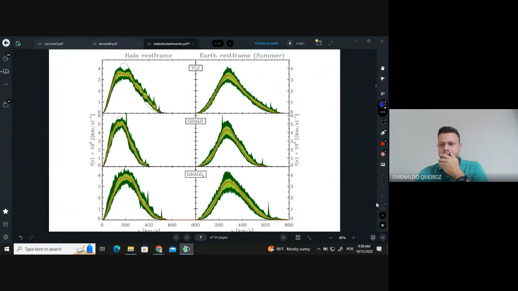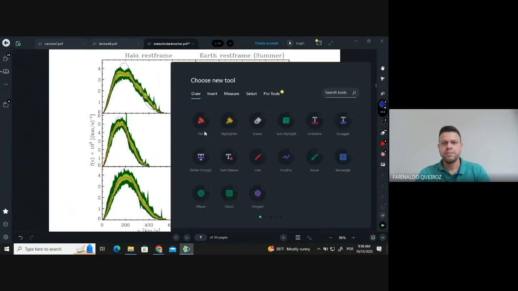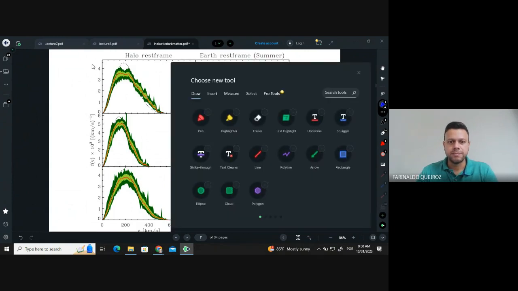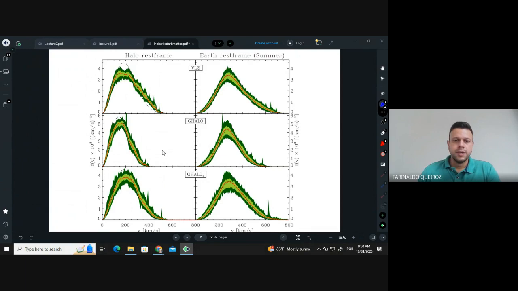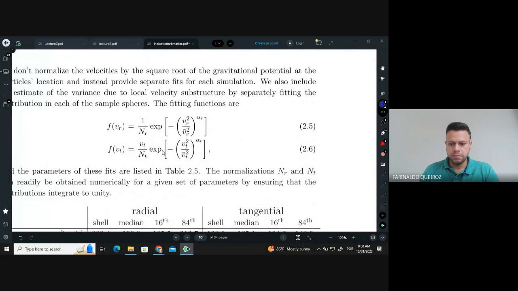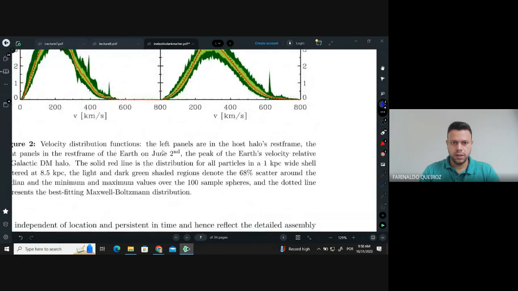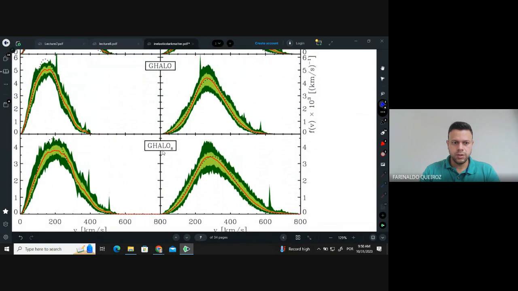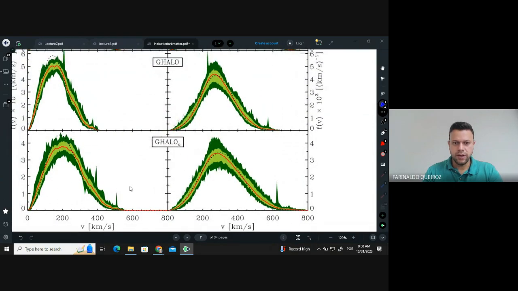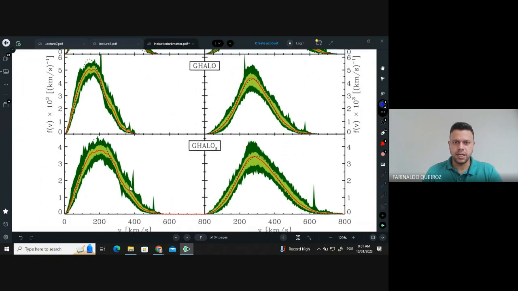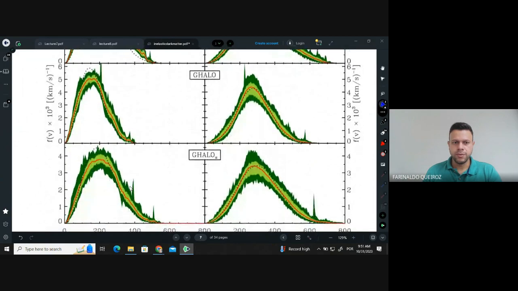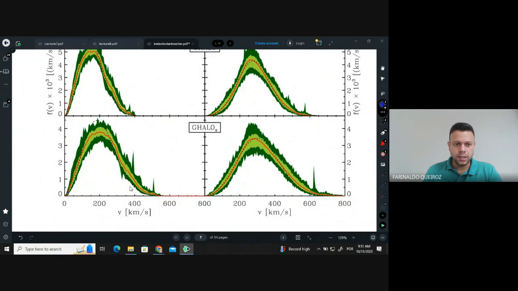So you can see here in the halo rest frame, they have different simulations, called Via Lactea, VL2, and so on. For instance, the dotted one would be the Maxwell-Boltzmann.